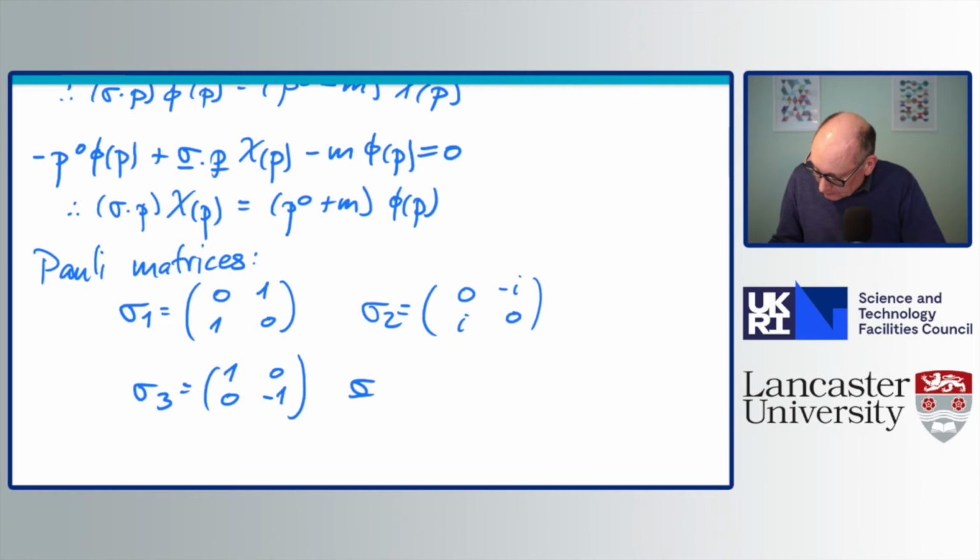And the vector of Pauli matrices is defined as the collection sigma 1, sigma 2, sigma 3.